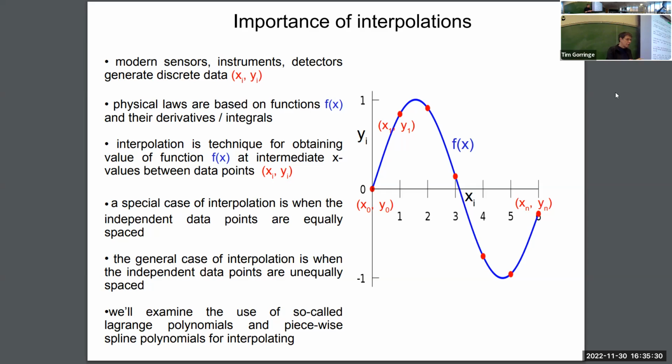And so interpolation is an approach to find the smooth function beneath the discrete data, the digitized data. Specifically, we're going to find some function, I'm going to call it f of x, that underlies some measured data points, xi, yi.